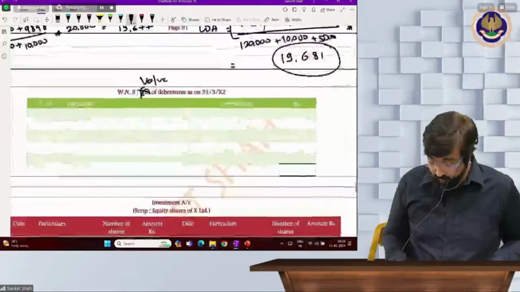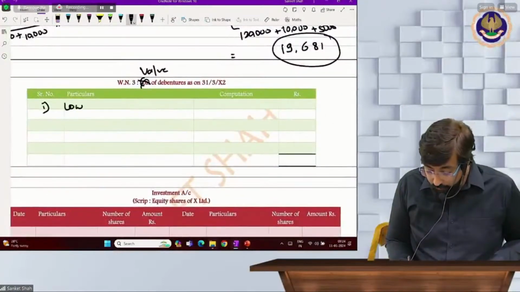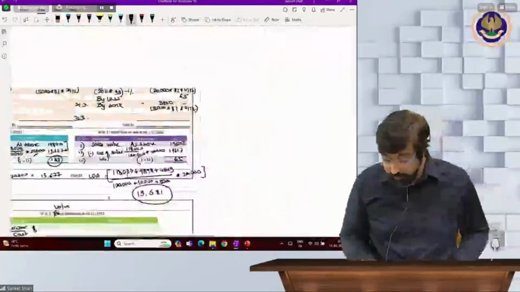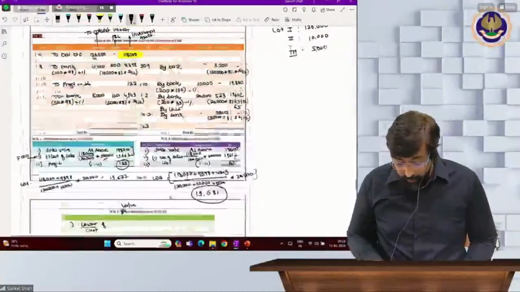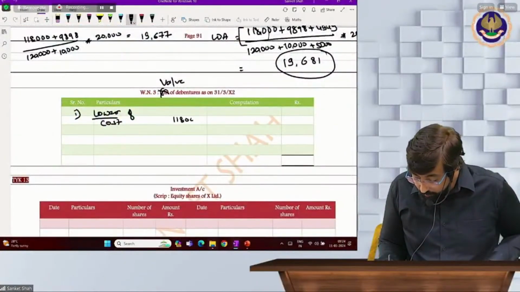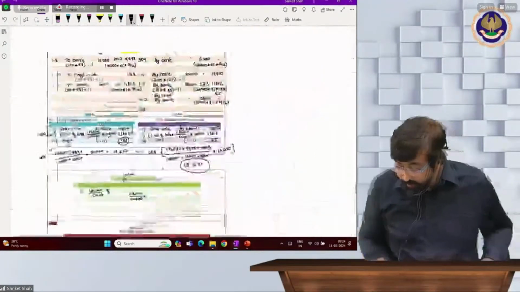And now I will find out the value of debentures. Value of debentures: lower of cost or market value. Now what is the cost for me, beta? I bought debentures of 1,20,000 for 1,18,000. And I am left with 80,000.